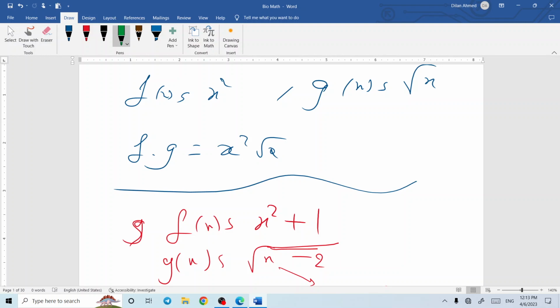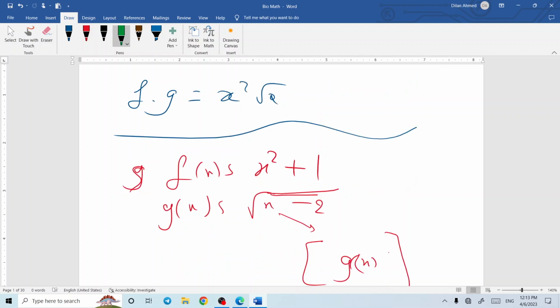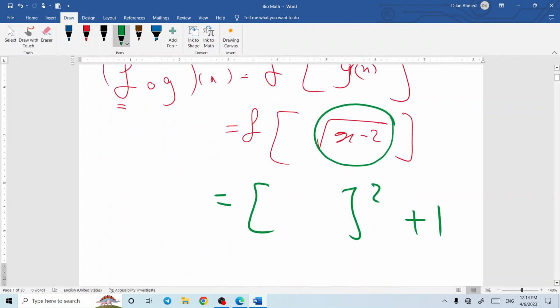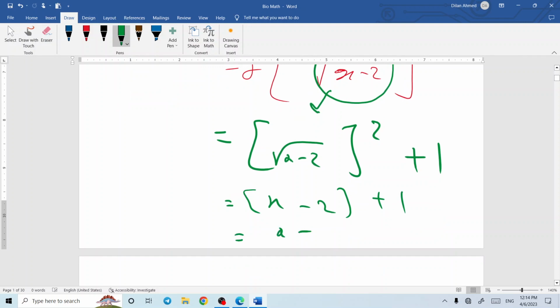How? 7 squared is 49, and I'm going to give you 1, you'll get 50. So this is the property of f. That's why I'm going to put it here and done. Finished. Later you can do x minus 2 plus 1, and I have x minus 1. Understood here? The important thing is how to substitute.